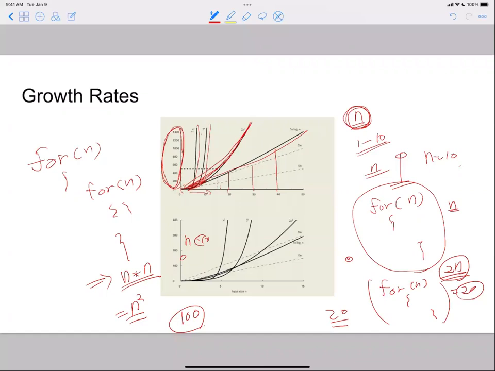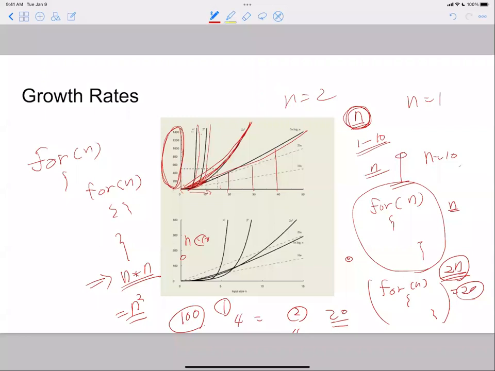So what we want to do is reduce the size of the growth rates. If you have a really small problem size, if n is 1, then this one is 2 and this one is 1, right? But if n is 2, then this one is 4 and this one is 4, right?